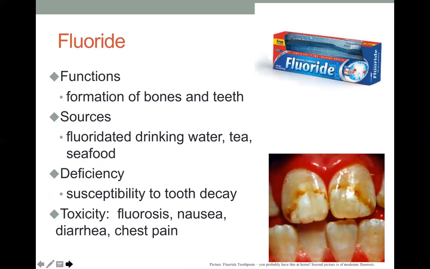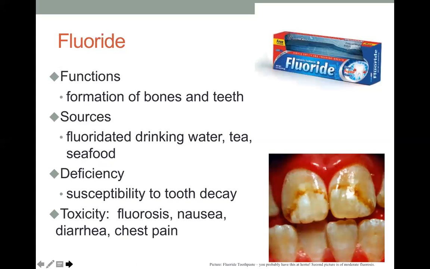It helps calcify, or form the healthy calcium layer on the bones and teeth. If you have too much fluoride early in childhood as the teeth are developing, something called fluorosis can occur. This can occur anytime, but it's more likely to occur in childhood and then last the life of the teeth. And fluorosis is not harmful.